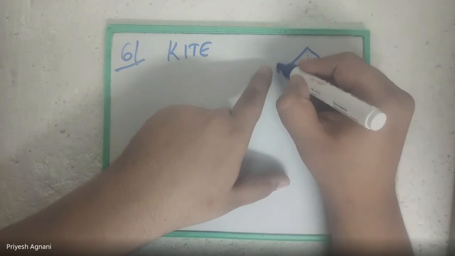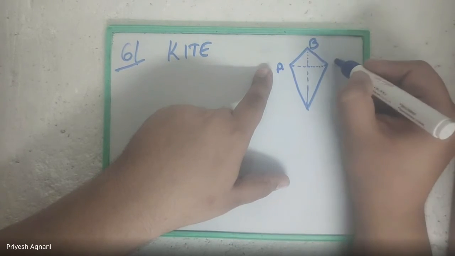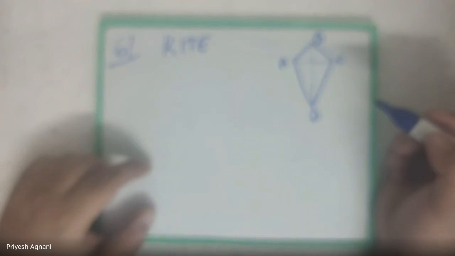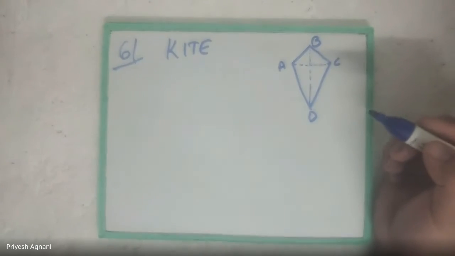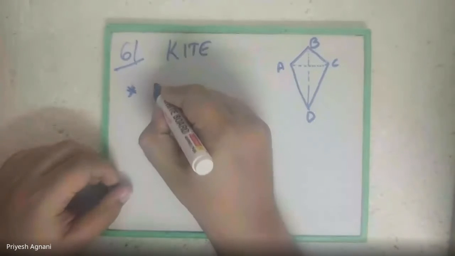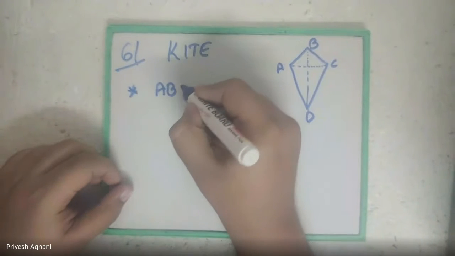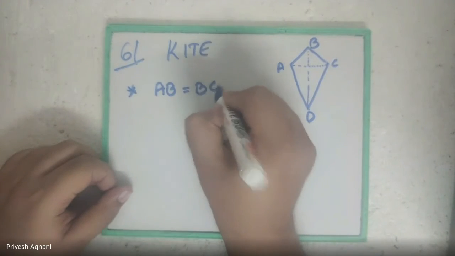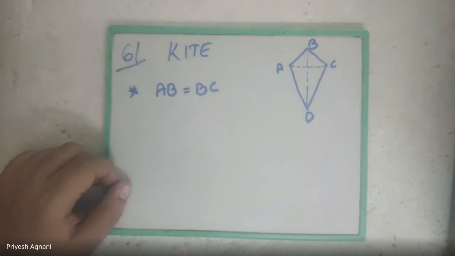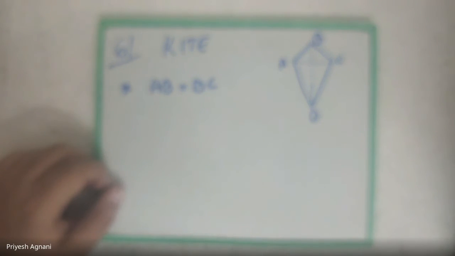यहाँ पे नाम लिख दे ABCD. इसकी प्रॉपर्टीज हम लोग देखेंगे. AB is equal to BC.